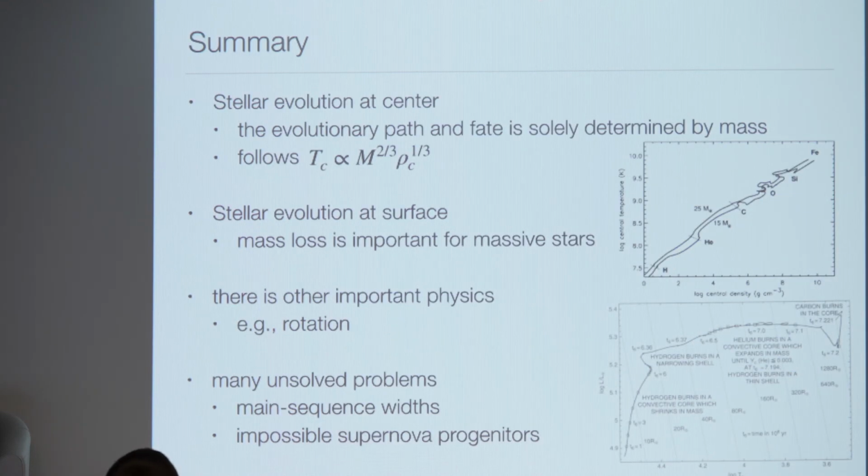Basically, that was it. We first started with how the star should change at the center. That is determined once the mass is given: the fate of the star, or the path the star can take, is determined only by the mass. And that will determine how the central star should evolve.